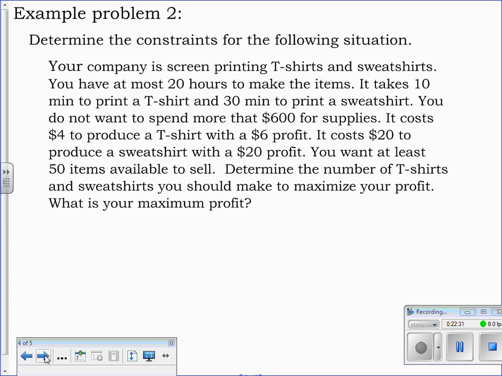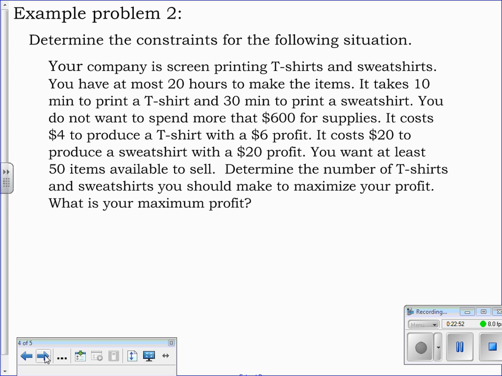You do not want to spend more than $600 for supplies. It costs $4 to produce a T-shirt with a $6 profit, $20 to produce a sweatshirt with a $20 profit. You want at least 50 items available to sell. Determine the number of T-shirts and sweatshirts. What is your maximum profit?